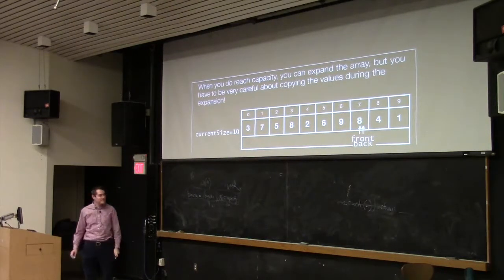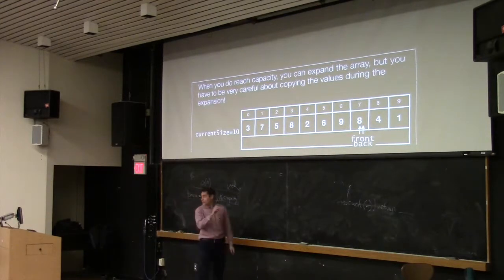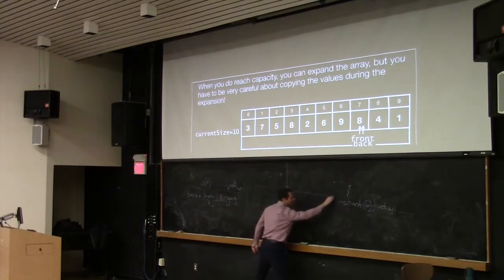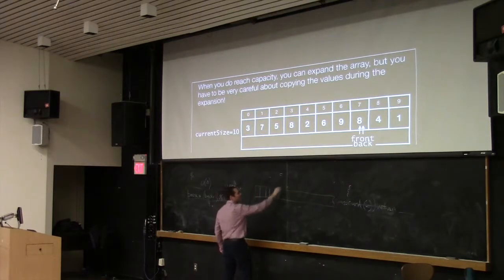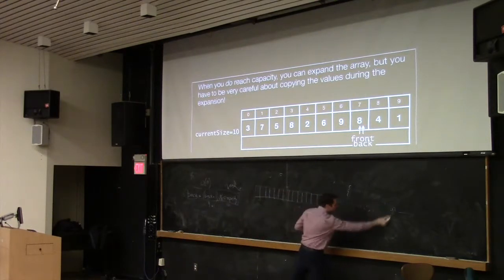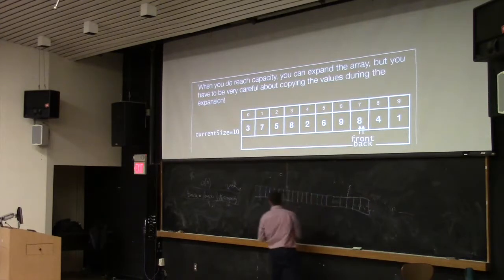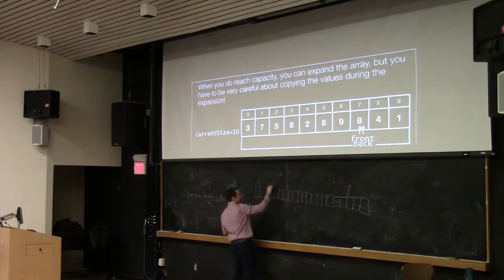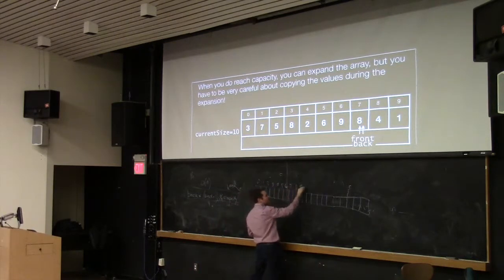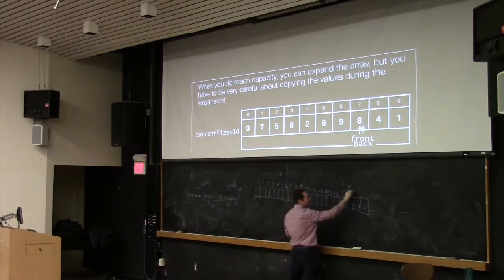Either we got here by dequeuing until that's the case, or we got here by enqueuing until there's 10 elements. What do we do when we expand a dynamic array? What's the first thing that we do? Create a new array that's how big? Twice the size. So I'll create a new array here for this. 0, 1, 2, 3, and so on up to 19.